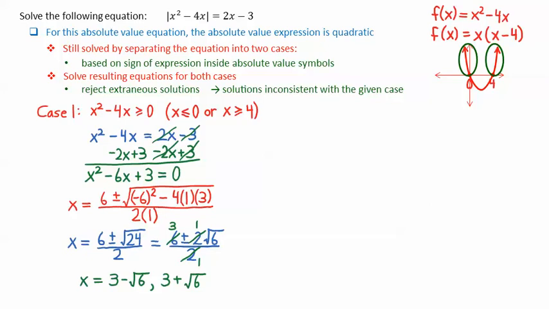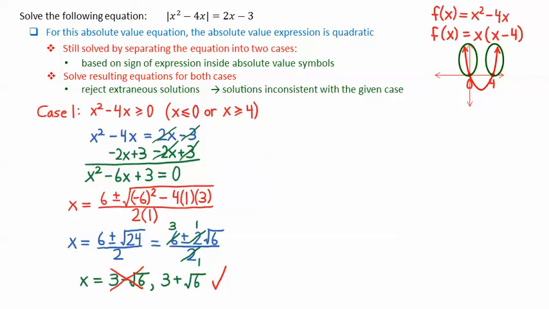We then have to ignore this first solution. The second solution here, 3 plus root 6, is approximately 5.55. This is, in fact, greater than or equal to 4. This means that this is a good solution.